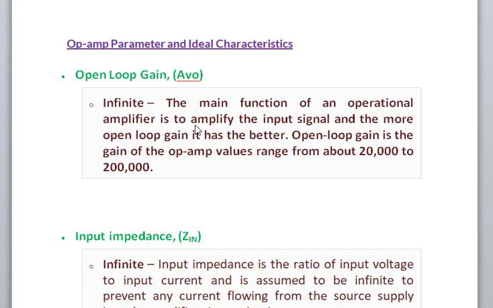It amplifies the very weak input signal as it has high input impedance and low output impedance. It amplifies weak signals and gives very high gain, in the range between 20,000 to 2 lakhs.